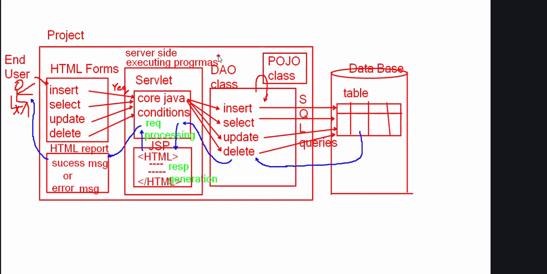What is the purpose of server side executing programs? For request processing and response generating. For request processing, it uses number 1 core Java, number 2 JDBC. Okay, a servlet alone cannot work. It internally uses core Java and JDBC.